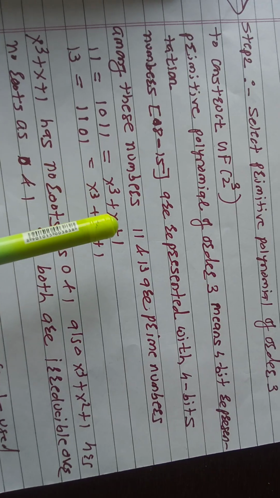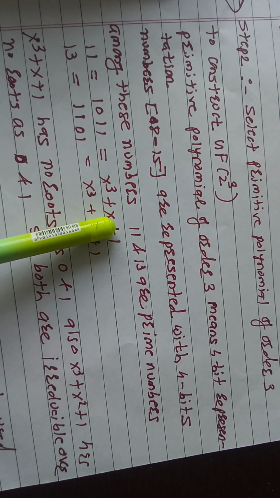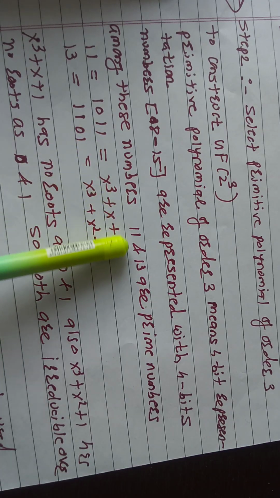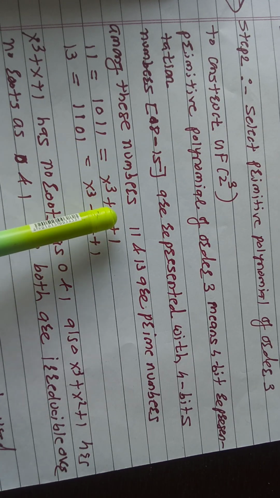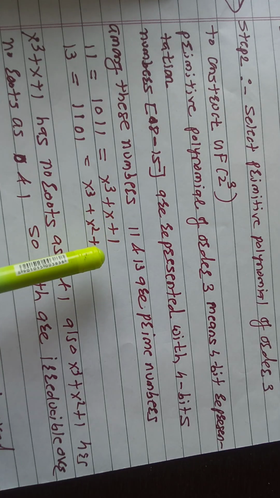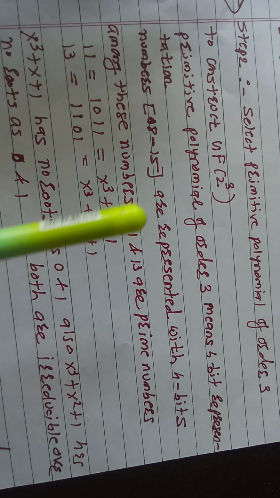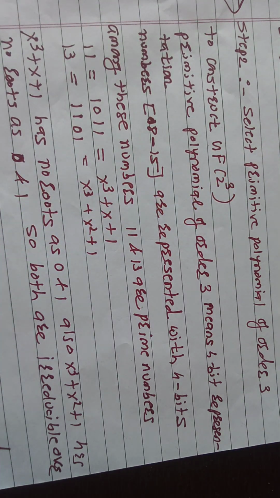Now this is the first criterion for selecting a primitive polynomial, that the number is prime. After that you have to see whether these polynomials have roots in the Galois field 2. Because the base field is Galois field 2 and we are constructing the extension field from the base field.